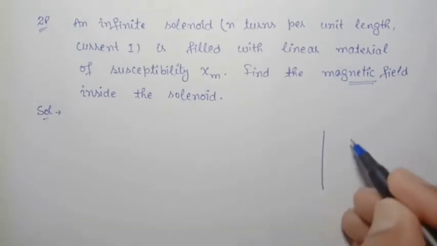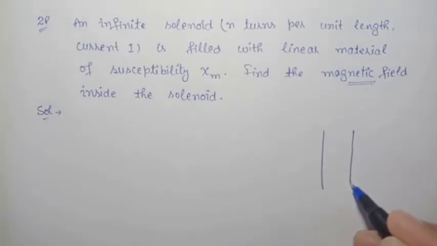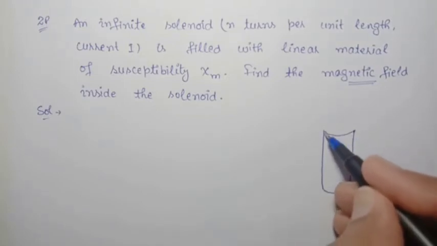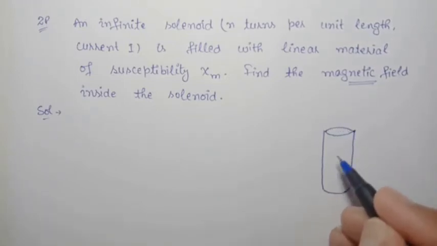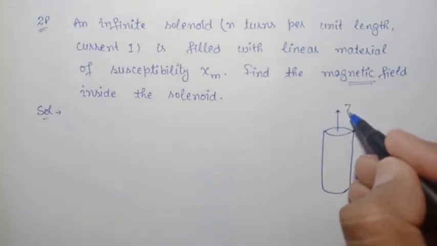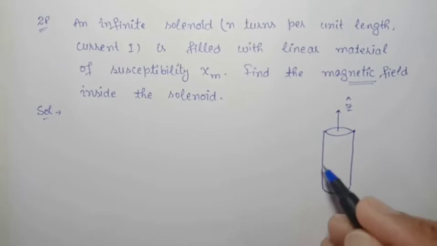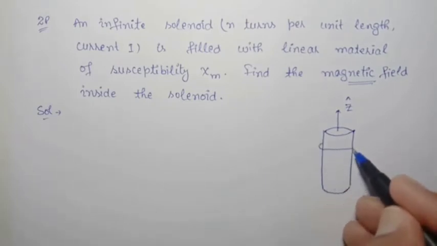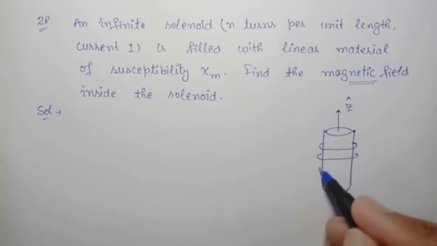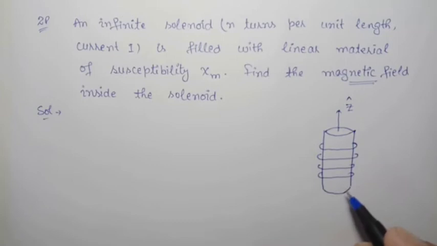here suppose this is an infinite solenoid, and suppose here this is z cap, the direction of the magnetic field, and these are the number of turns, that is n turns per unit length, and suppose this is the direction, here this is phi.